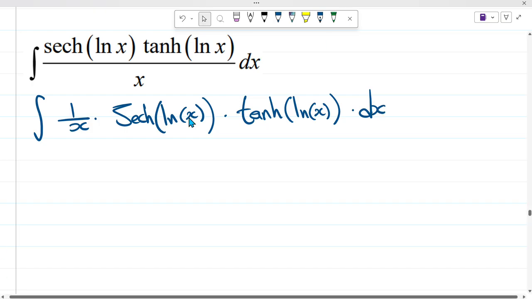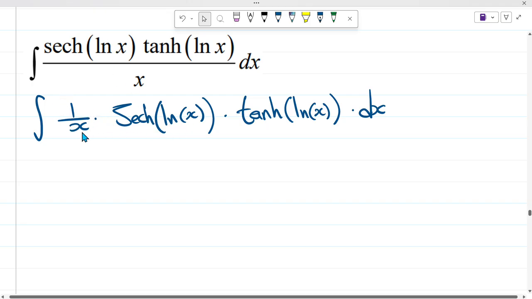So what's happening here is that we have these 2 hyperbolic functions and this 1 over x out. I only changed the way the question was written, I only changed this 1 over x and rewrote it like this. I believe you all can see that this format and this format are the same thing.